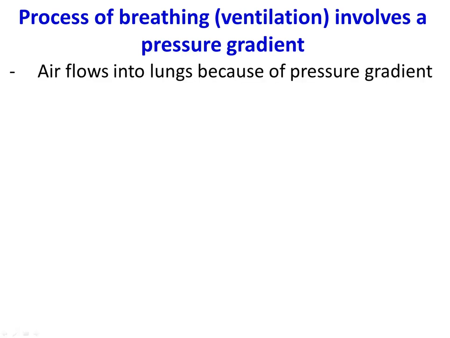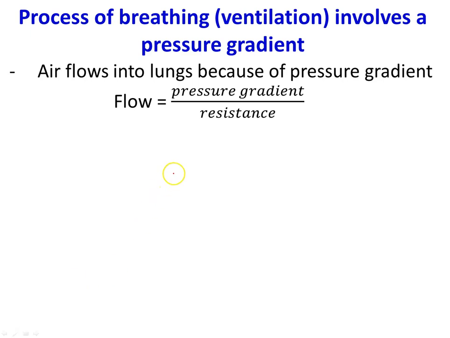This is not new for you folks, but remember, if I have a larger gradient, larger gradient means I have a very, very high and a very low. We're not going to say concentration gradient, we're going to say pressure gradient. The more gradient I have, the more bulk flow of air I can get from the atmosphere into my lungs, aka alveoli, okay?